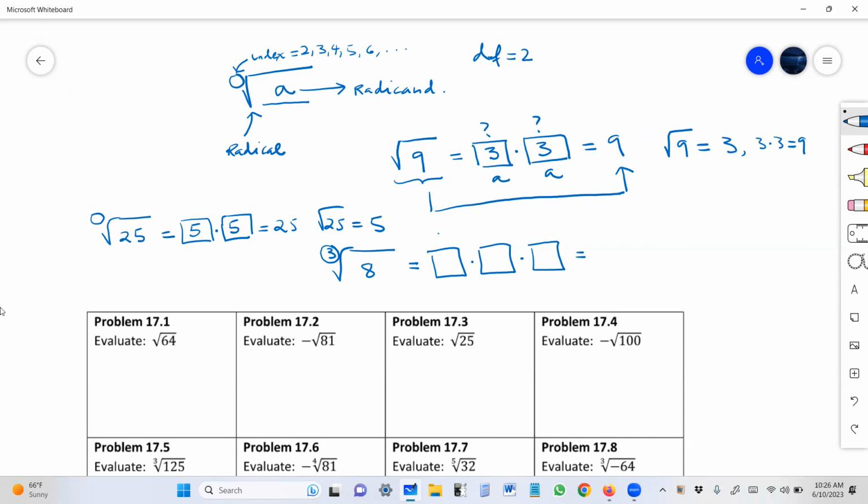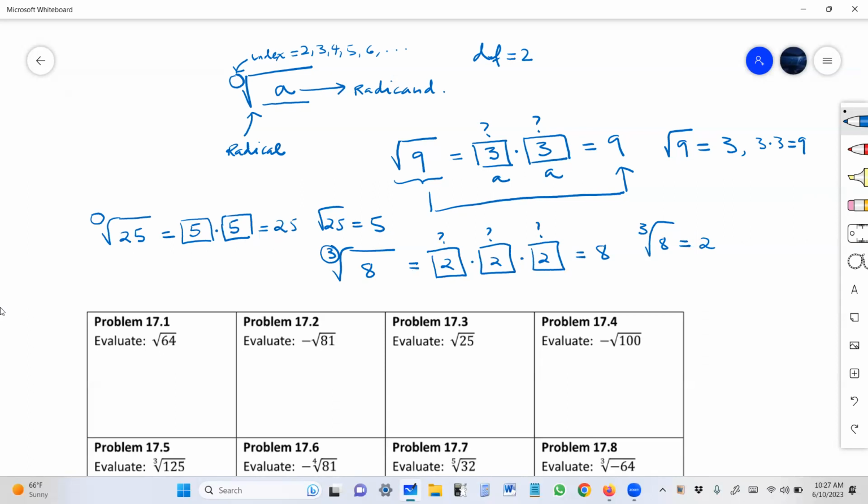The number that goes into all of these boxes has to be the same, and after I multiply them, I have to get 8. So which number is inside of the box? If you said 2, it's correct. So we can say that the cubic root of 8 is 2. So this is the idea of radical expressions.